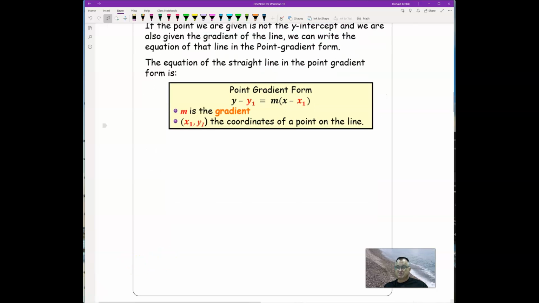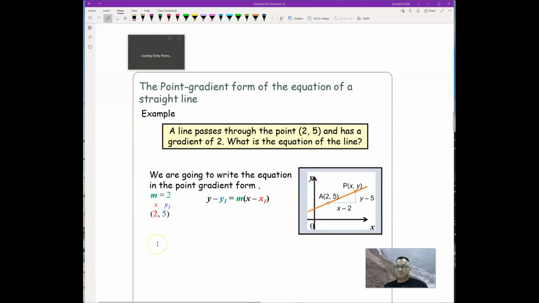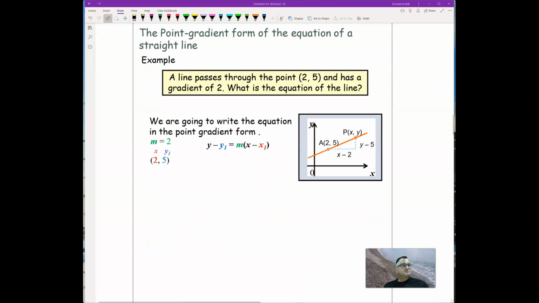Alrighty. So we'll start with some simple examples here. It says the point gradient form of the equation of a straight line. The line passes through (2, 5) and has a gradient of 2. What's the equation of the line? All right, so I know a point that's not the x-intercept or the y-intercept, and I know the slope.